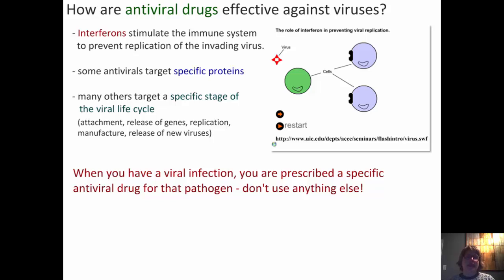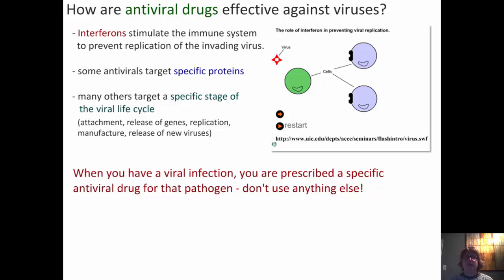All right, so how do antiviral drugs work? That is what we need to take when we have a virus infection. Some antiviral drugs are called interferons, and they stimulate the immune system to prevent replication of the invading virus.